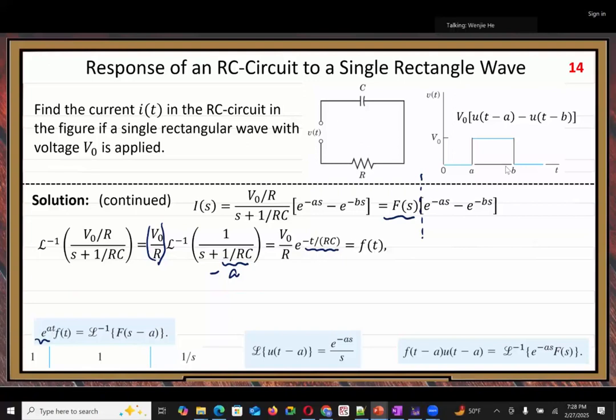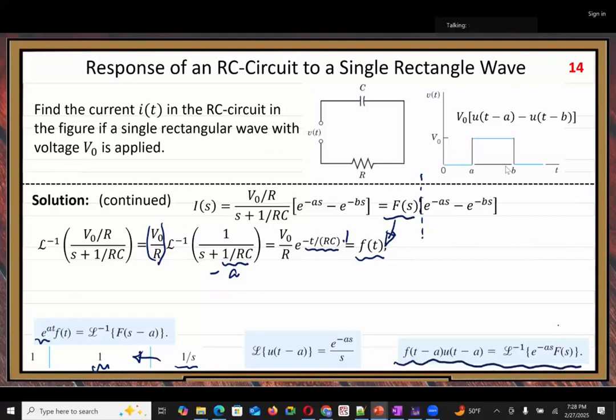And little f is 1, so this number times 1. So this is little f of t, because it is the inverse Laplace transform of capital F, and we use the notation little f of t. Then we need to apply the second shifting theorem here.